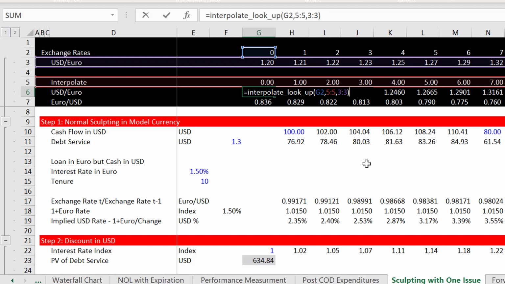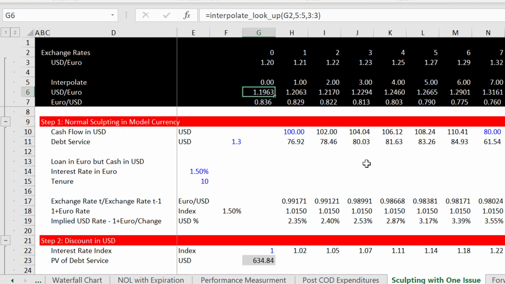So it's like XLOOKUP, where you go up to the year, look up on row 5 with the blank, and then use the interpolate. And why Excel doesn't still have this, they should be coming out with it, I suppose. And then we can get this euro to US, and we can take the reciprocal, 1 divided by that, and get euro to US. Step number 1.